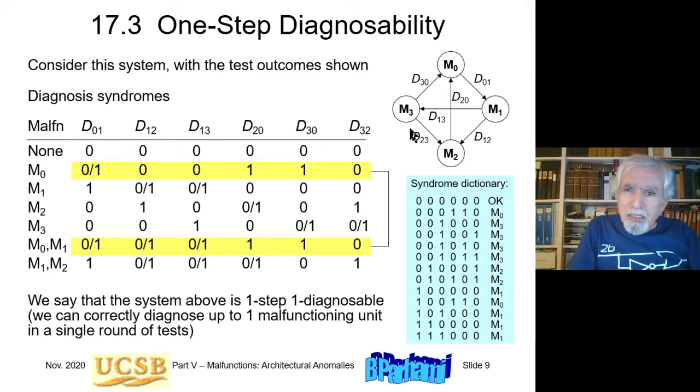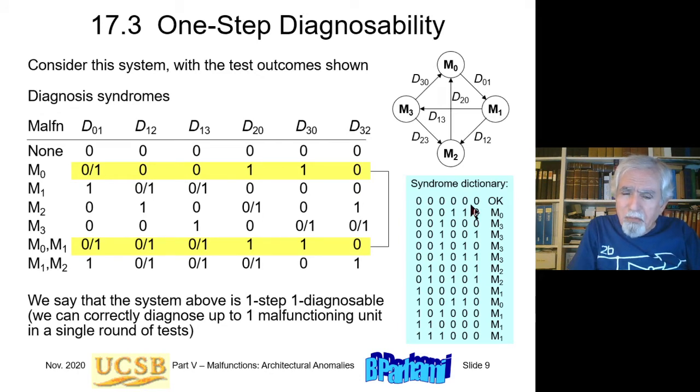One step means you just run these diagnostics once, and based on the outcomes of those diagnostics, you can tell immediately in one step what is wrong with it, as long as the number of malfunctions does not exceed 1. So we can basically use a dictionary.